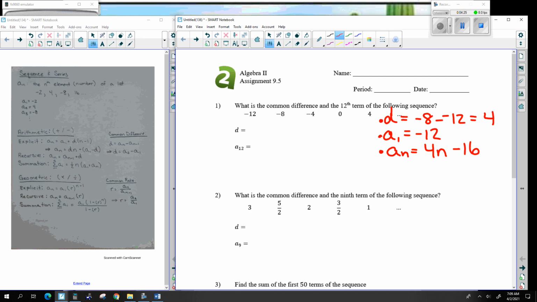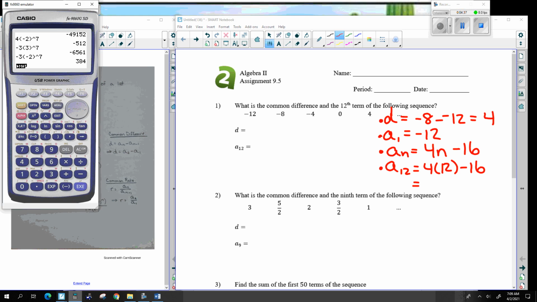Then we are asked to find the 12th term, and that's just easy calculator work. So our common difference was 4, and the 12th term was 32.